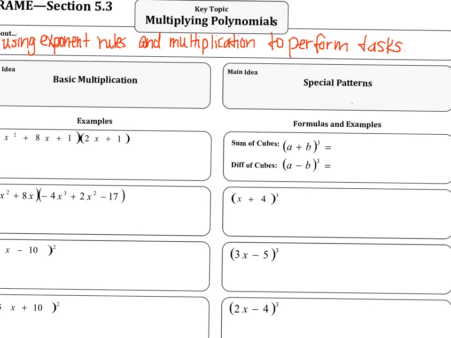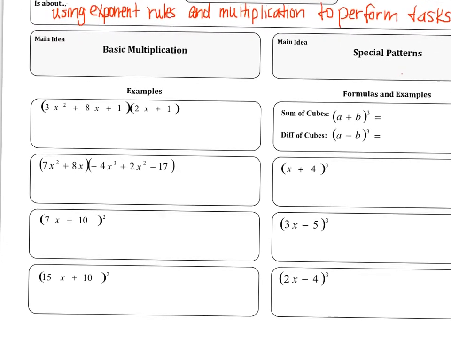Okay, so our first one, basic multiplication. I'll move this over so we can see that a little bit better.